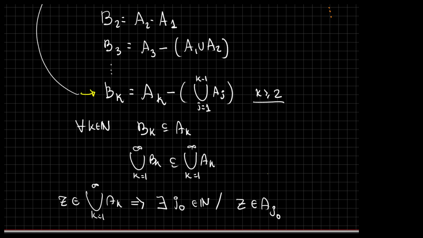But it may be not just in this particular set, but maybe in many other sets, like, I don't know, A j1, A j2, and so on. So this is just one index out of every index in which it can be included.